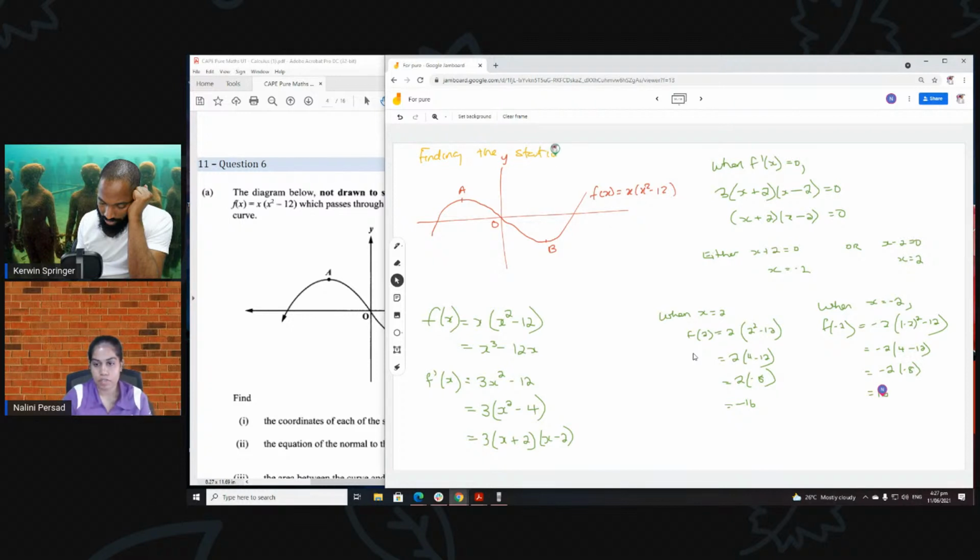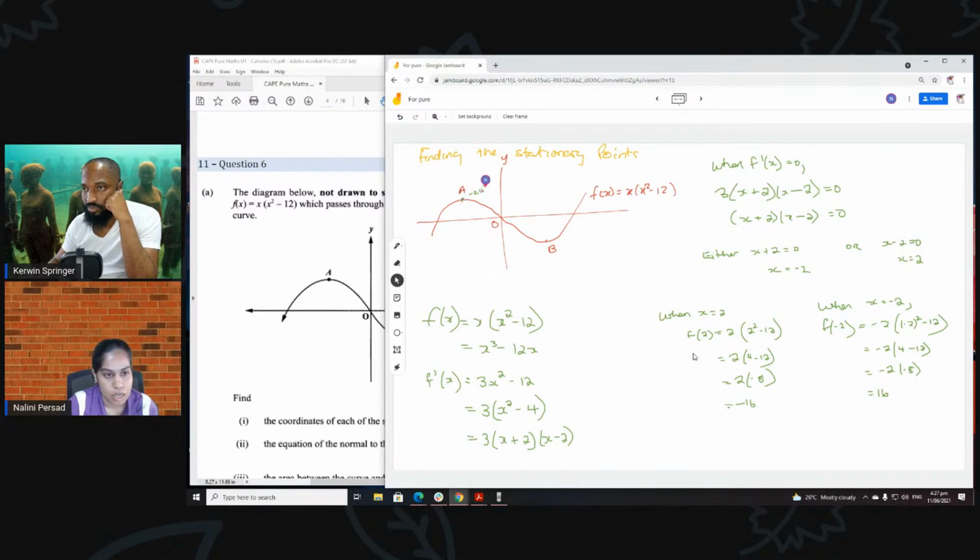Right? So you have the point x is equal to 2, y is equal to negative 16. So looking at your graph, the point A would be negative 2, 16, and the point B would be 2, negative 16.